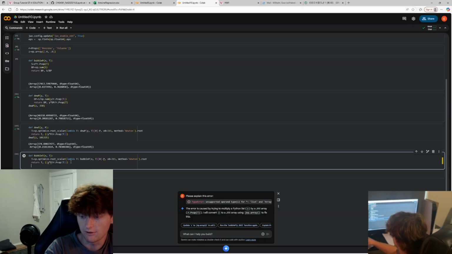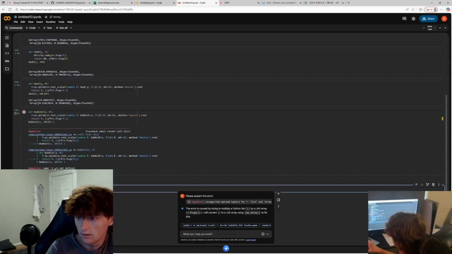Wait, not shift enter. Let's see if this works. Bubble T. We have our Z, and this should be pressure, and we have our 101,325, and shift enter. Name Y is not defined.